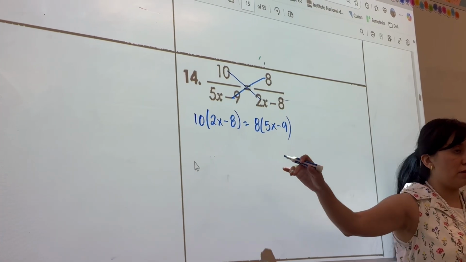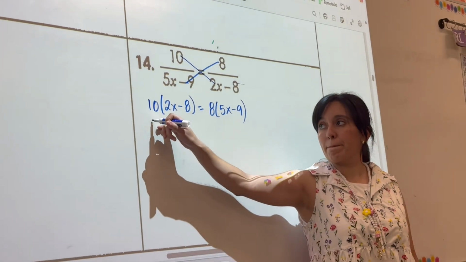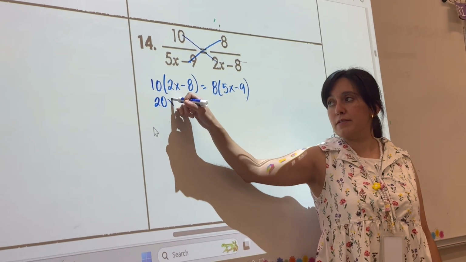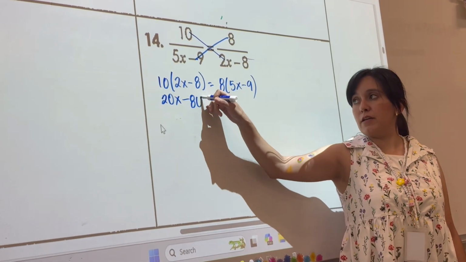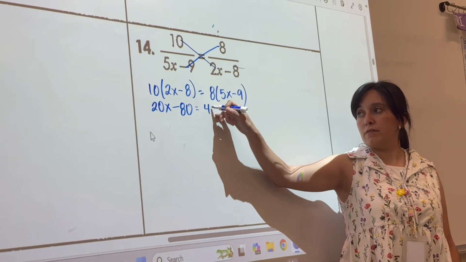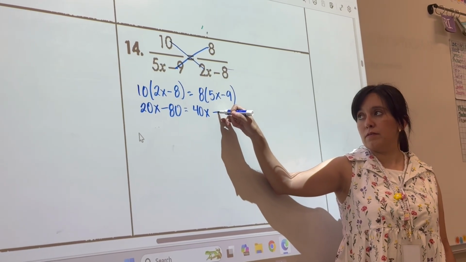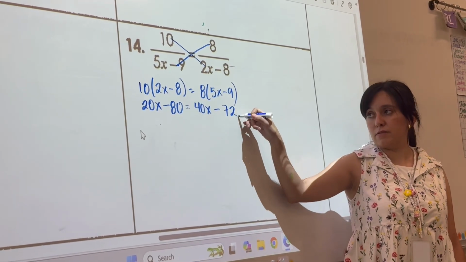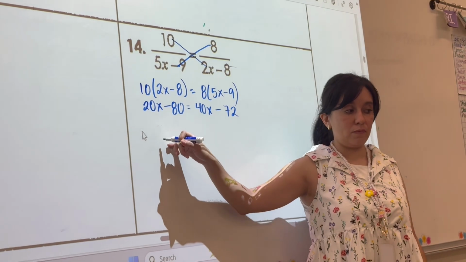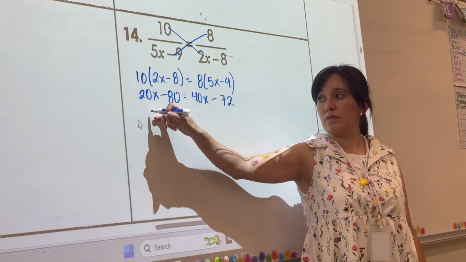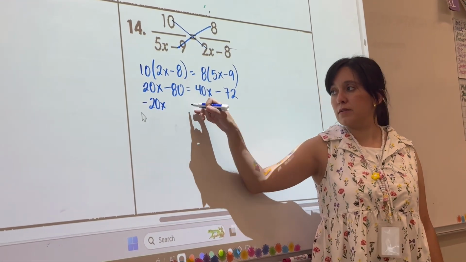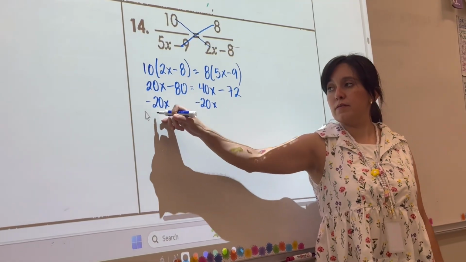Who can tell me what to write down? Aisha. 20x minus 80 equals 40x minus 72. Then minus 20x, minus 40x.